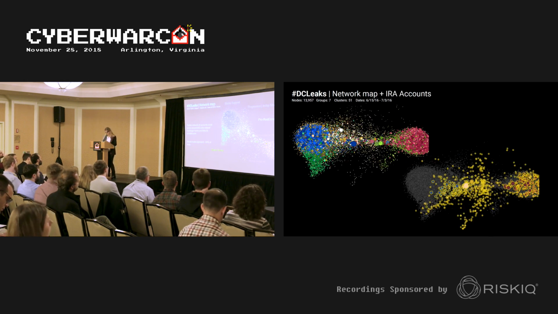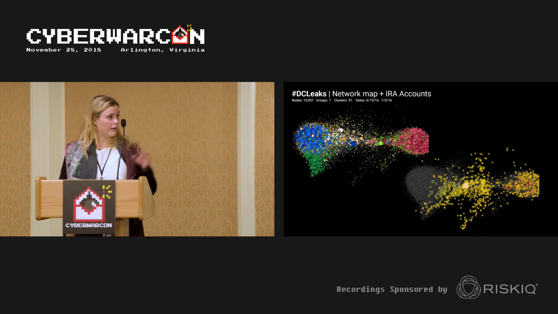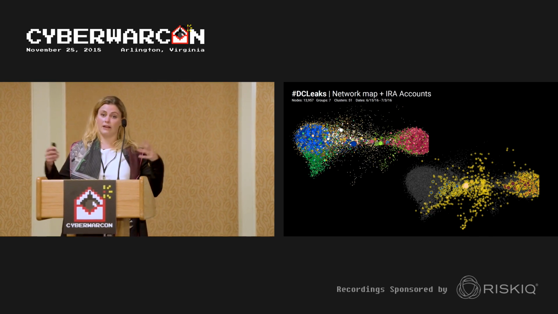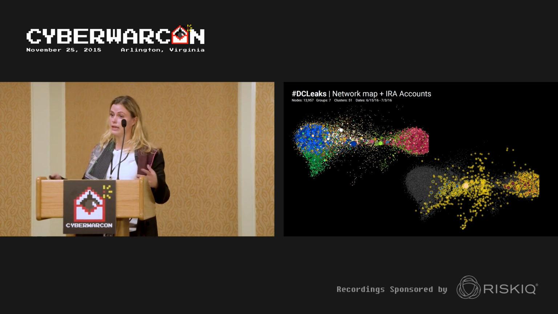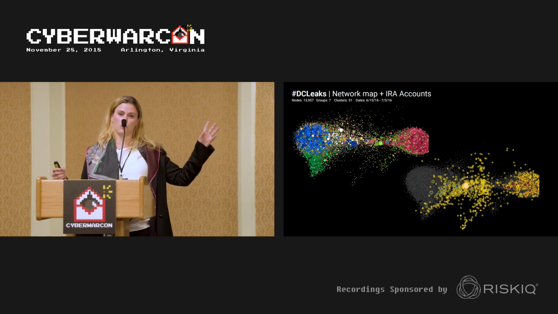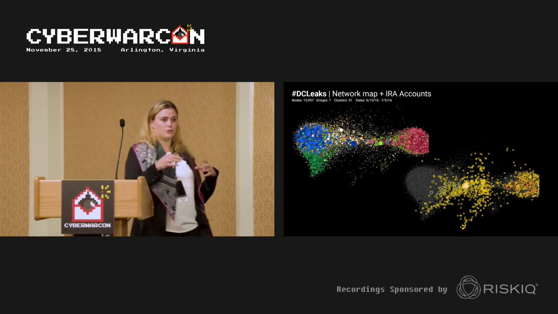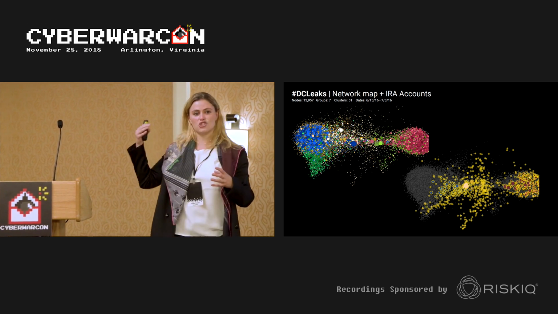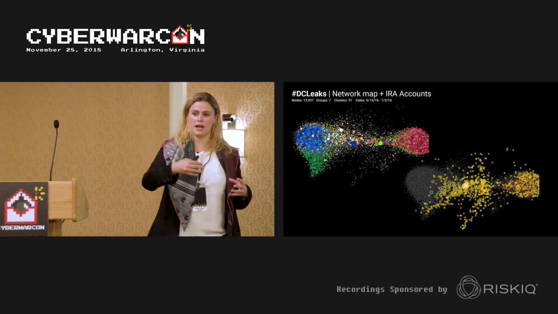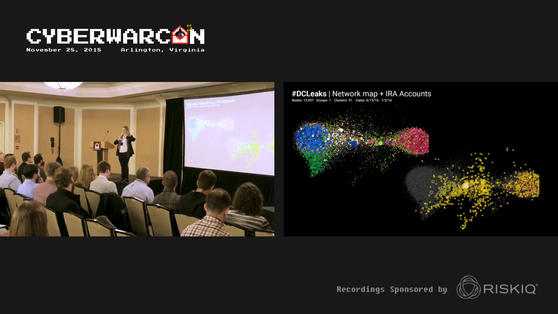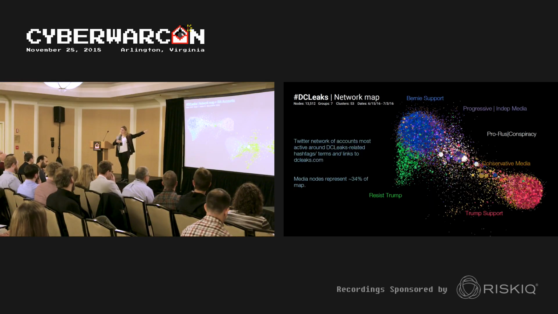So we saw in that initial IRA graph with the hashtags that the IRA accounts did heavily participate in promoting, disseminating DC leaks. The map that I just showed you was constructed after those accounts have been taken down. So what we did is a reconstruction of where those IRA accounts were woven into the fabric of the initial network that I just showed you that was disseminating the DC leaks.